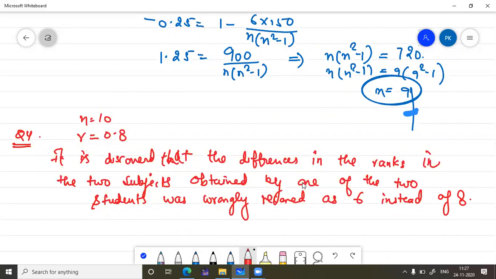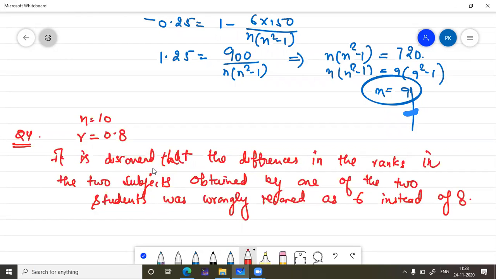8. तो ये यहाँ पर इस प्रॉब्लम में क्या दे रखा है, वी हैव गिवन दैट द रैंक कोरिलेशन इज 0.8 which is obtained by Spearman's correlation coefficient, and this is the rank is obtained by 10 students in statistics and accountancy, right?